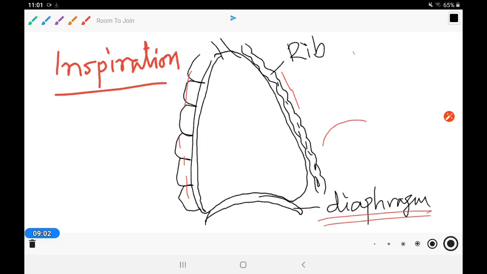The diaphragm, which is normally curved, turns into a straight form as the radial muscle of the diaphragm contracts. See that it was curved, and now it is straight.